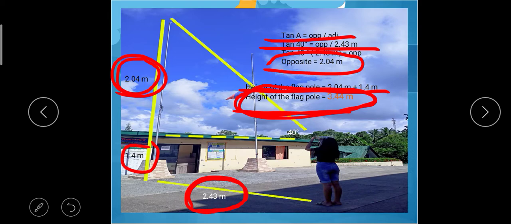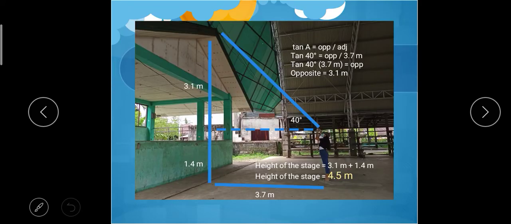Now for a second example, using clinometer also, we get the angle of elevation from here to the eye of the person, which is 40 degrees. Now our distance from here to the person is 3.7 meters.